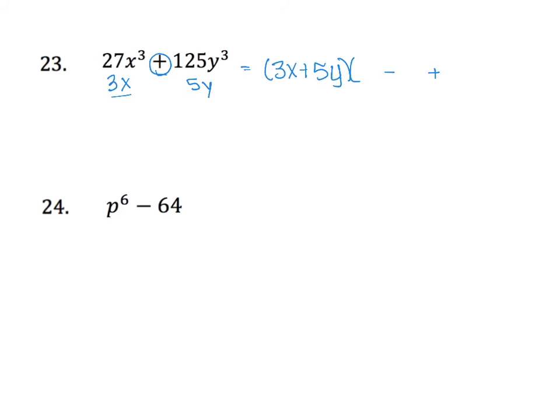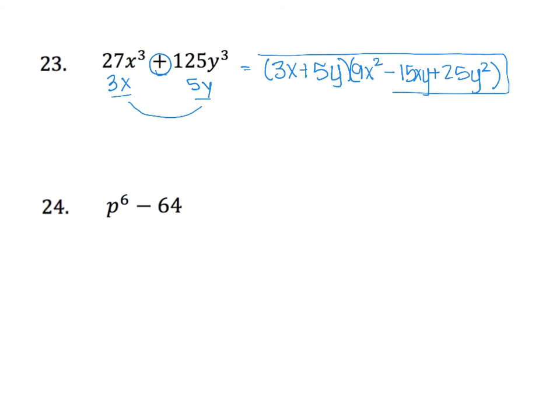And then I need the opposite sign, and always positive. 3x times 3x is 9x squared. 3x times 5y is 15xy. And finally, 5y times 5y is 25y squared. Right. When it comes to these patterns, repetition is really what's going to help you figure out that pattern and get comfortable with this.